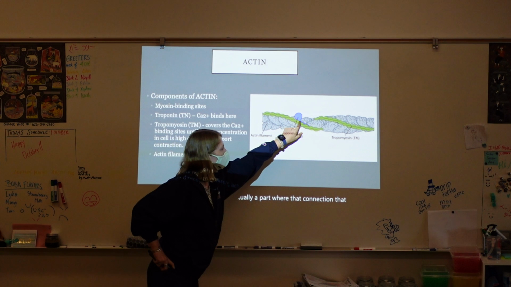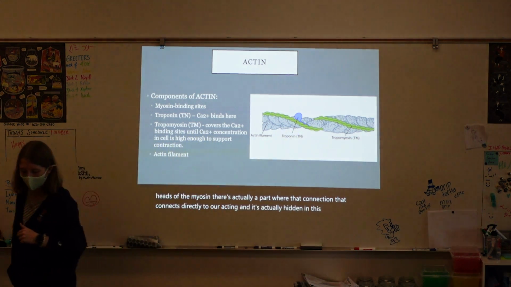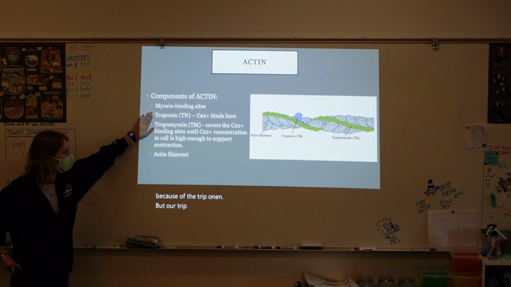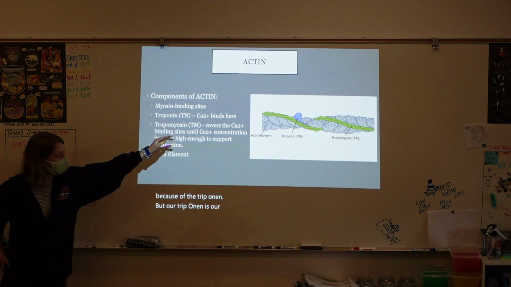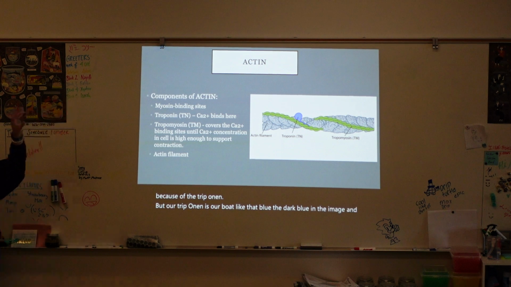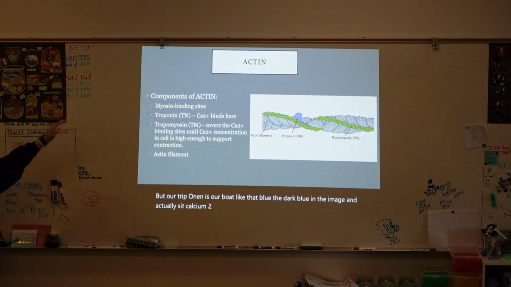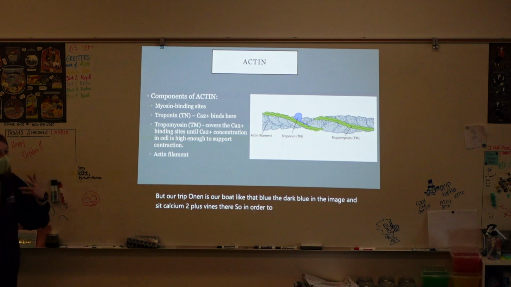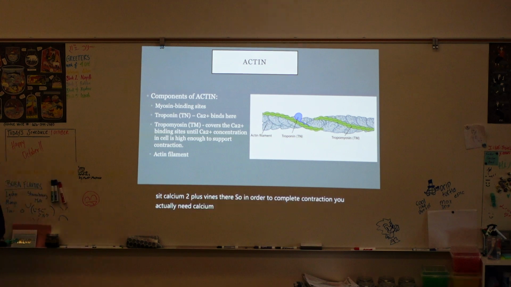And it's actually hidden in this picture because of the troponin. But our troponin is the dark blue in the image, and calcium 2+ binds there. So in order to complete contraction, you actually need calcium in your muscles.